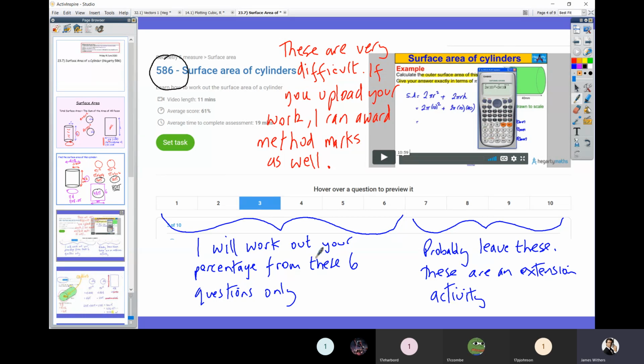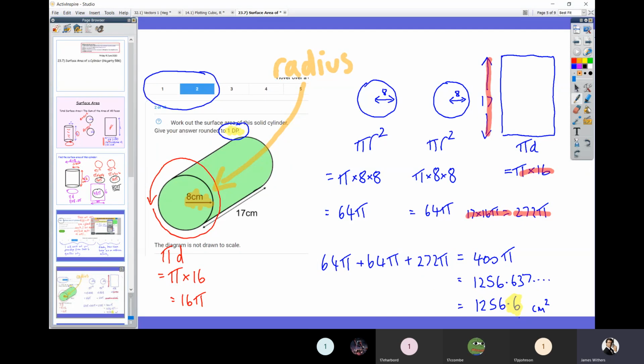Okay. Now, I've modelled some of these here. I don't propose to take long going over these again, because I'll just be repeating what I said. But just really quickly, we've got the pi r squared, the circle at the front, the circle at the back, and the rectangle. And note how the base of the rectangle is pi times diameter.